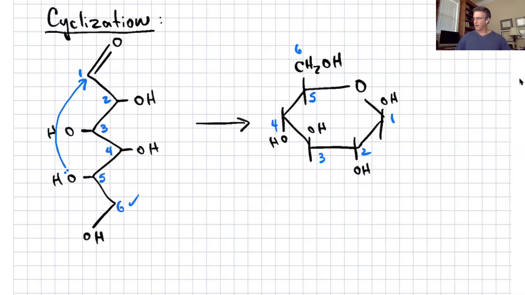And this structure has a couple of names. Formally, the chemical species that results from this internal nucleophilic attack of an alcohol group on the carbonyl group is known as an internal hemiacetal.